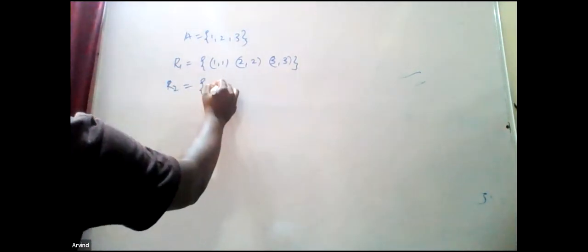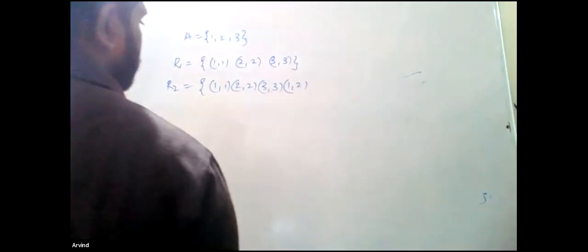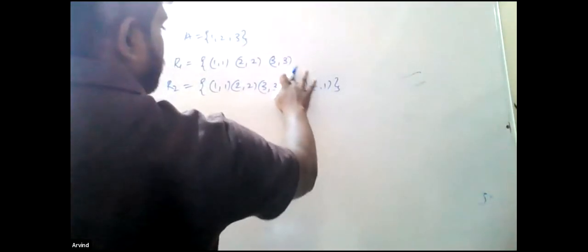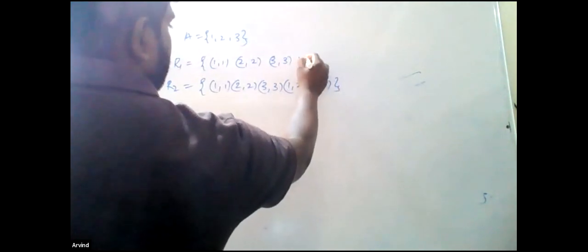Let's say R1 is a relation {(1,1), (2,2), (3,3)}. I'm defining it on the set {1, 2, 3}. This is an equivalence relation. R2 is (1,1), (2,2), (3,3), and in this (1,3), (3,1).